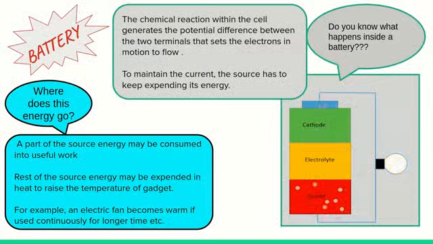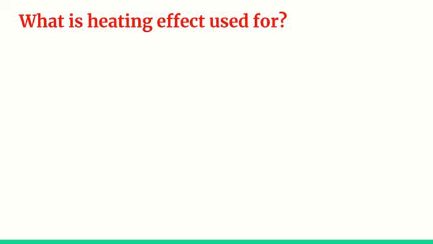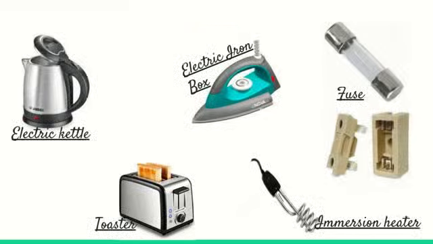For example, we use this heat for many purposes, like for electric kettle, iron box, the fuse wires which get heated up and break the circuit to avoid overloading, immersion heater for heating the water, toaster.